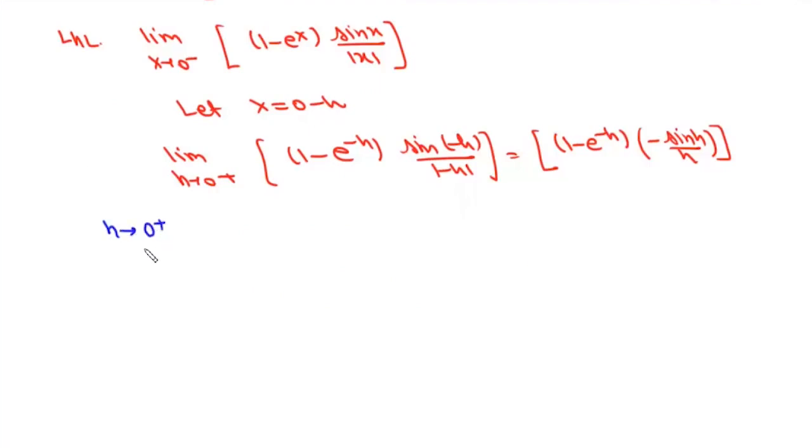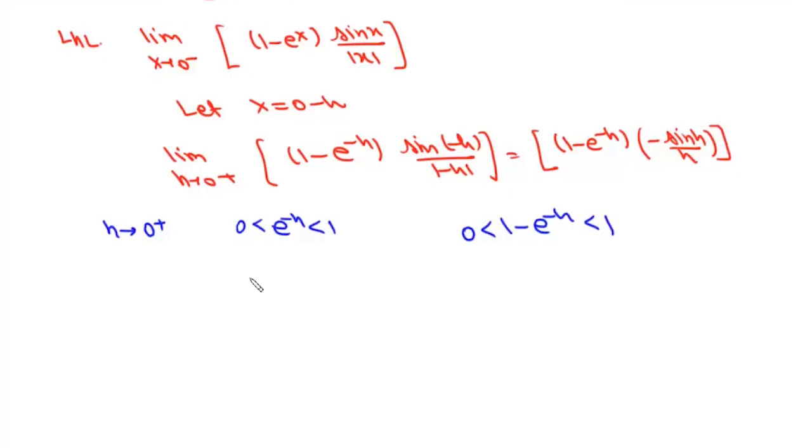Now we know that if h tends to 0 positive, then e to the power minus h lies between 0 and 1. Then 1 minus e to the power minus h will be greater than 0 but less than 1.